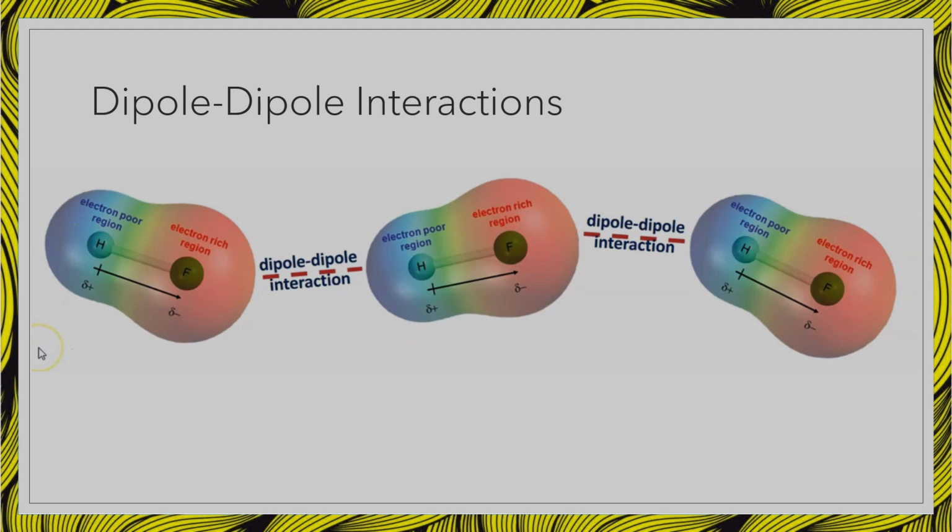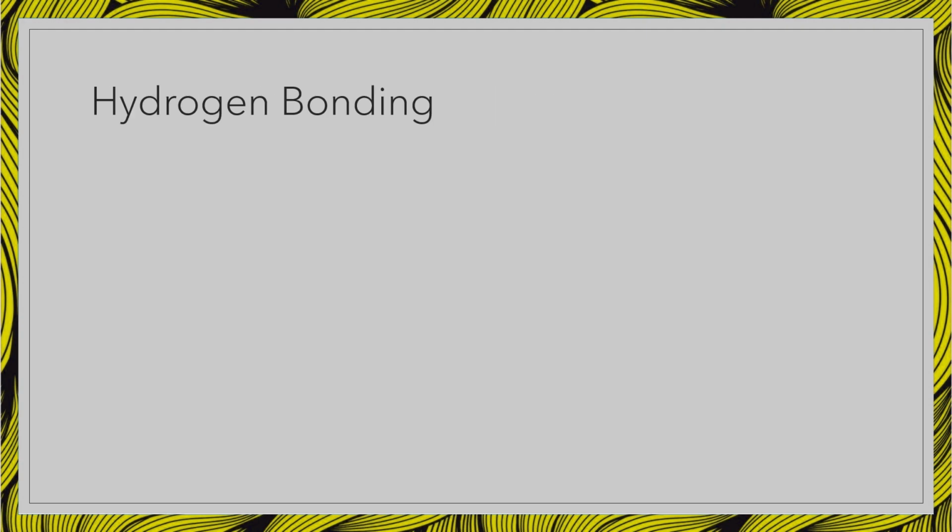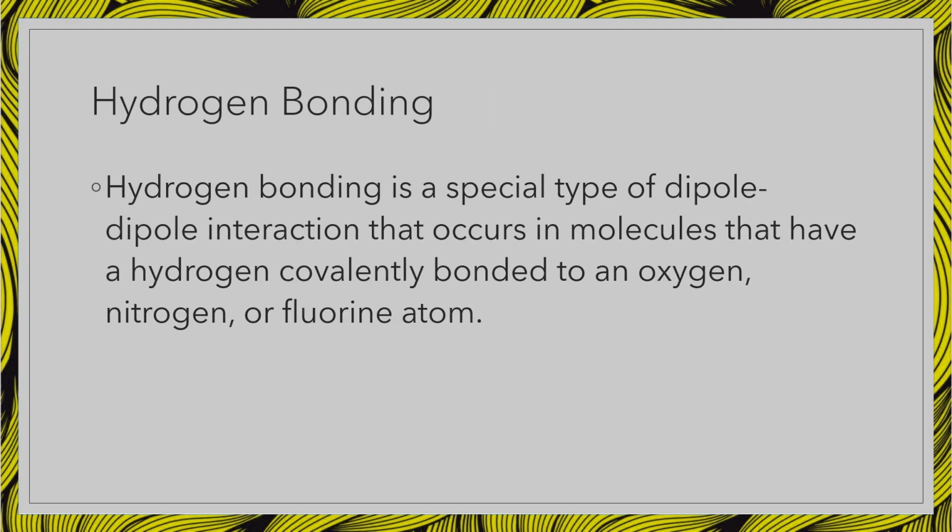Now, that negative electron-rich region is attracted to the positive electron-poor region of another molecule. This attraction keeps them together, and is what we call our intermolecular force. Hydrogen bonding is very similar to dipole-dipole, but it's dipole-dipole that occurs in very specific circumstances and is very strong.